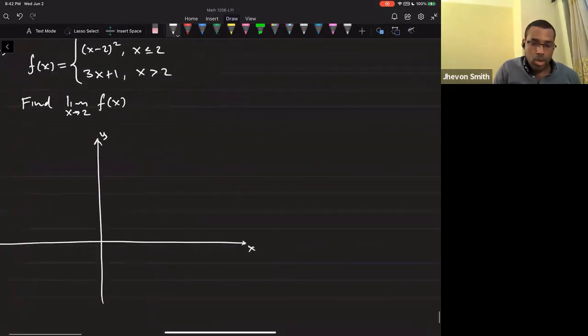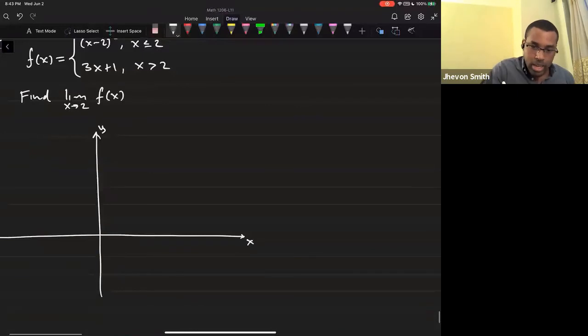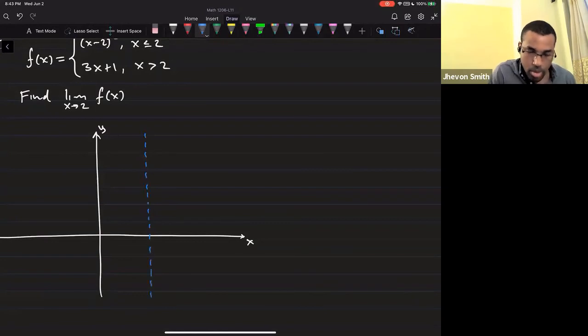A piecewise function is potentially defined differently for different values of x. This one is one thing if our input is less than or equal to 2, and another thing if our input is greater than 2. So there is like a cut-off here at 2, where the graph could be one thing on one side and another thing on the other side.